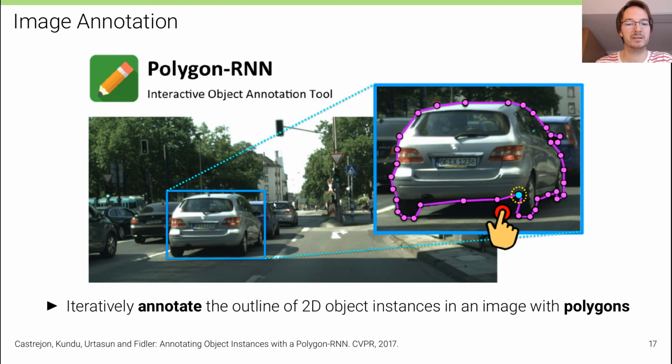In this case, given a rough outline as a bounding box of the object, the model determines sequentially, by predicting the vertices of a polygon vertex by vertex, the outline of an object, and then this outline can be modified by the annotator to better fit that object and therefore significantly reduce the time that's required to annotate the outline of that object.